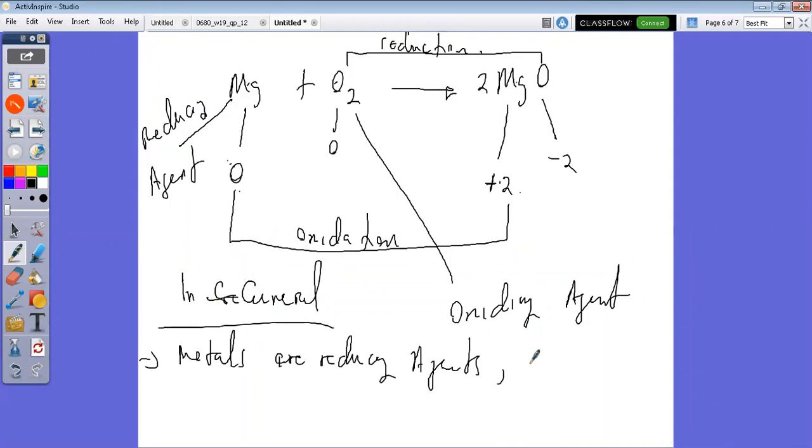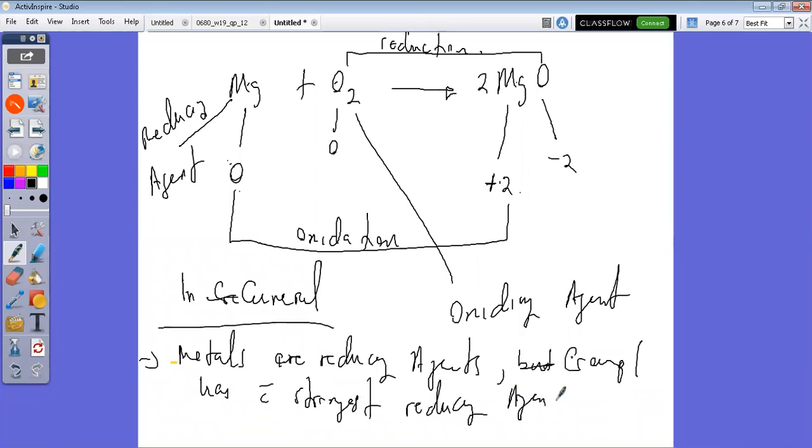Group 1 is the strongest reducing agents. The non-metals are oxidizing agents, and group 7 has got the strongest. Non-metals are oxidizing. They oxidize things, oxidizing agents.